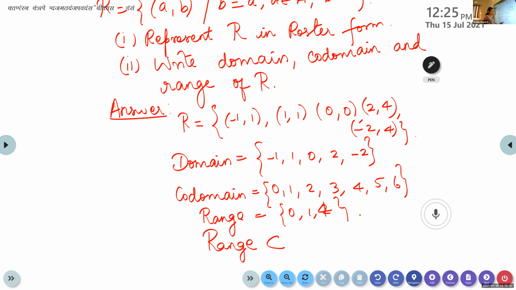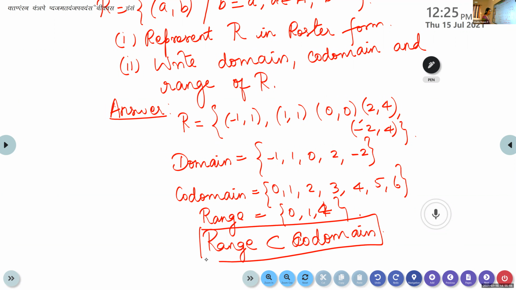Range is always a subset of codomain. Okay.